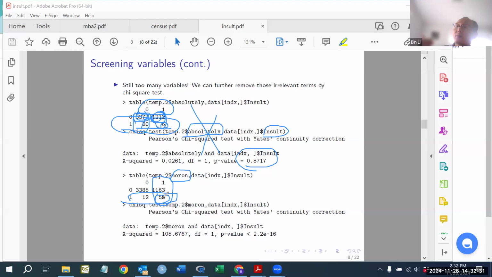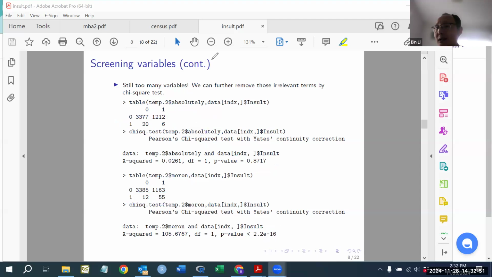Those moron words mostly appeared in the insulting comments, so there's a strong association. You can see the p-value is highly significant. So by using the chi-square test, we can easily identify those words that are related to the insulting status or not.